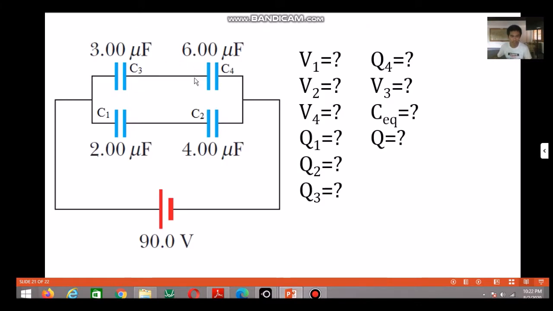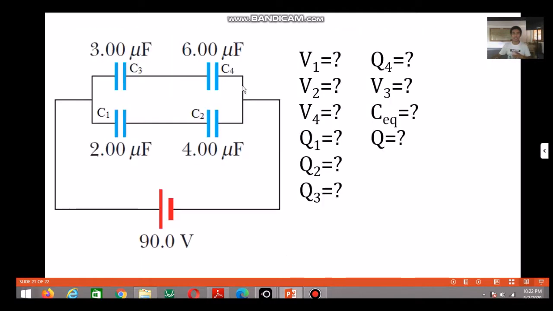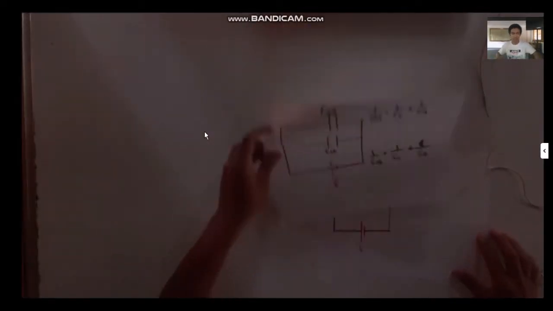So these two capacitors are connected in series. C3 and C4 are connected in series. C1 and C2 are connected in series. So we can combine C3 and C4, and C1 and C2, into one capacitor like this one.